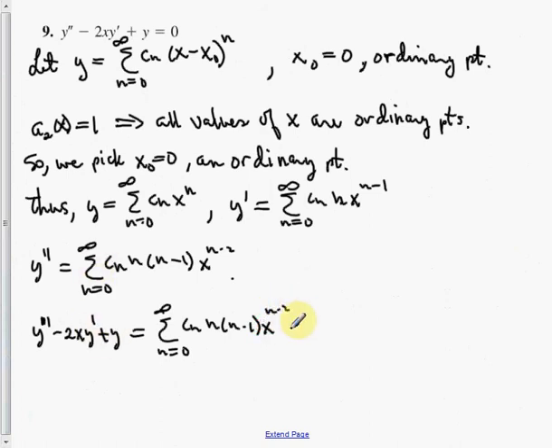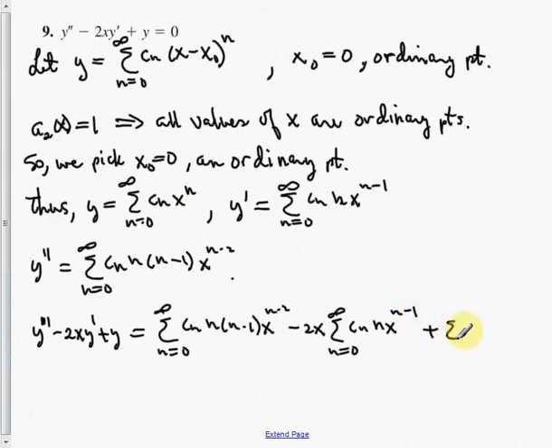And then this is minus 2x, just from the problem itself, times y prime. This is the summation as n goes from 0 to infinity of c sub n times x to the n minus 1.